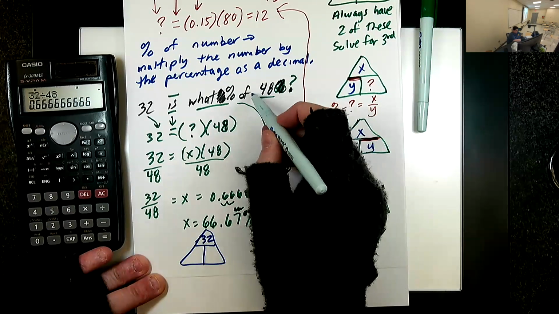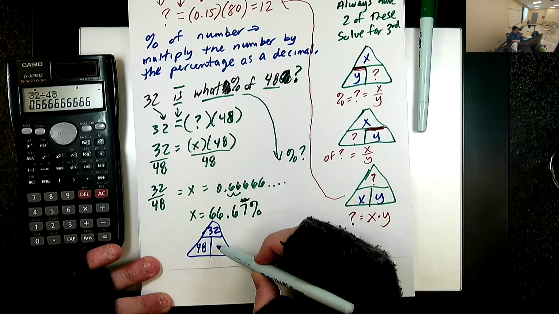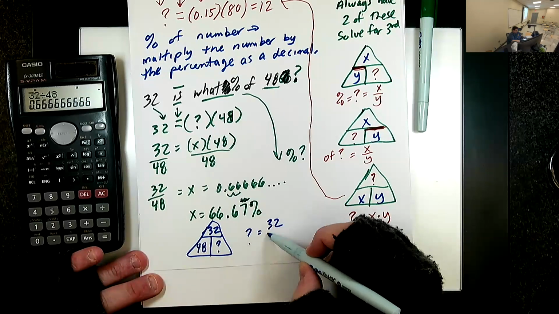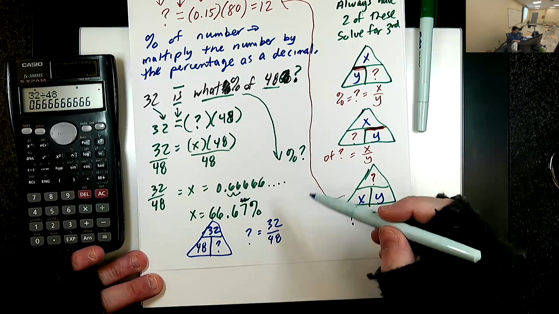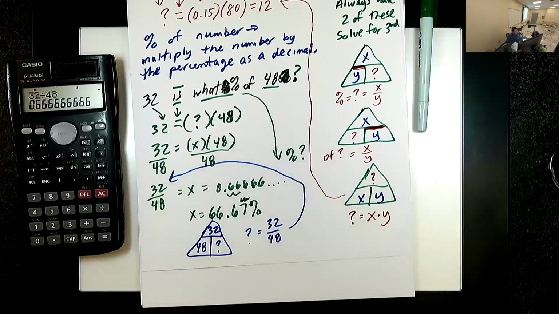And the 48 is next to the of, so we're going to put the 48 in the of spot. And we got question mark there. So question mark equals 32 over 48. And that's what we did when we solved it, converting it to words. So if you like the triangle, use the triangle.